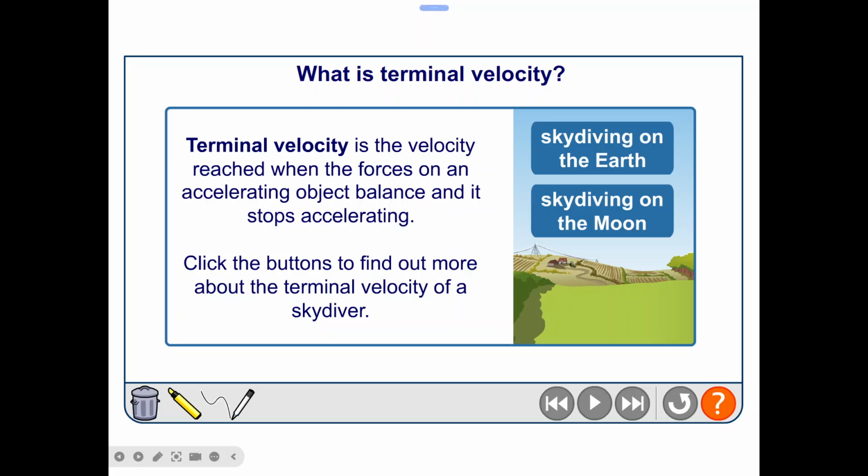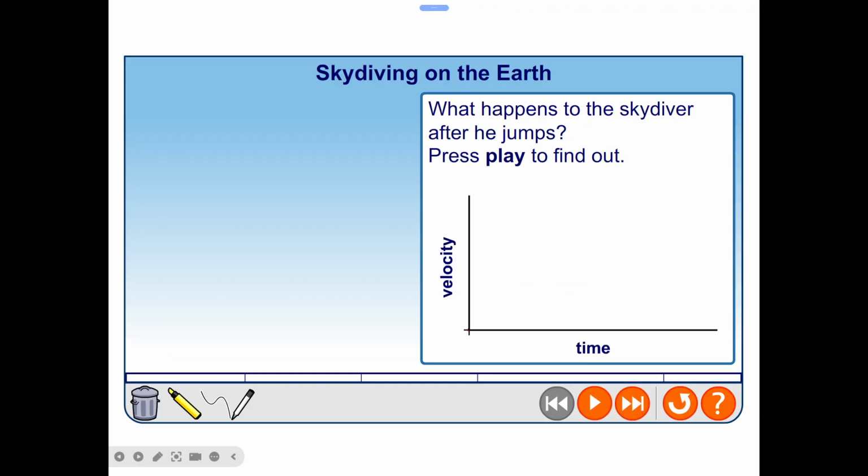All right, now let's look at terminal velocity. Terminal velocity is the velocity reached when the forces on an accelerating object are balanced and it stops accelerating. Let's look at a skydiving example on Earth. What happens to a skydiver after he jumps?